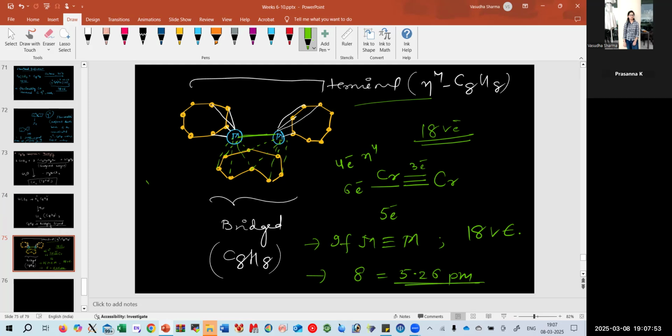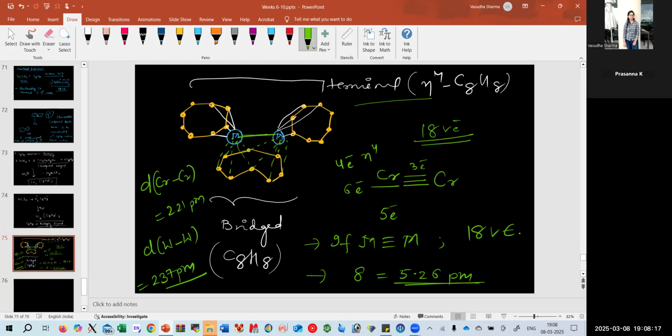Only the distance that you need to keep in mind: the chromium distance is 221 picometer, whereas if you have a tungsten metal center, that would be 237 picometer. So this is the way the bridging C8H8 ligand occurs and how the hapticity works.